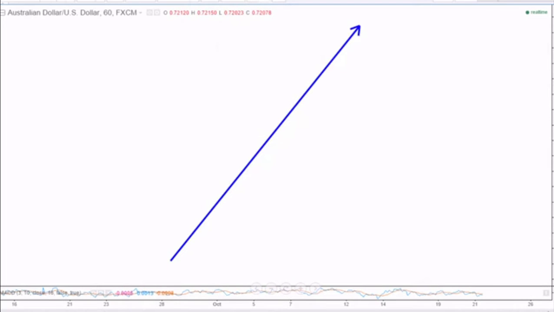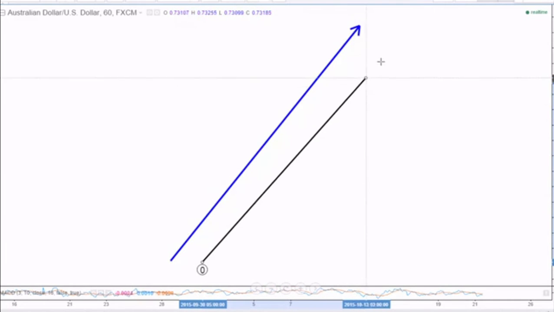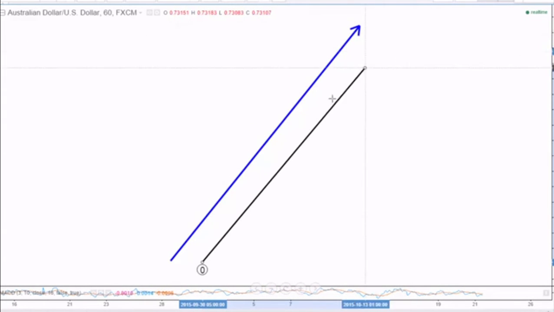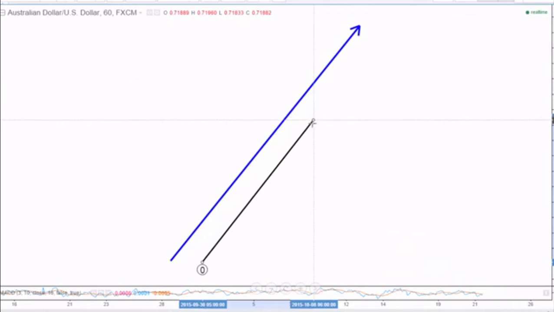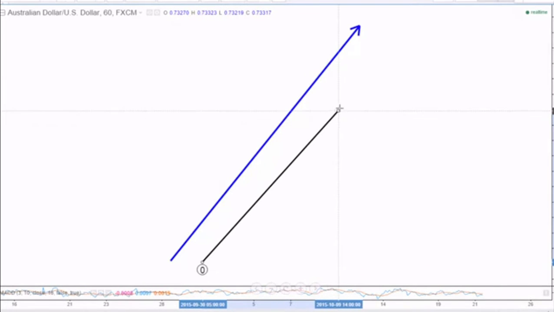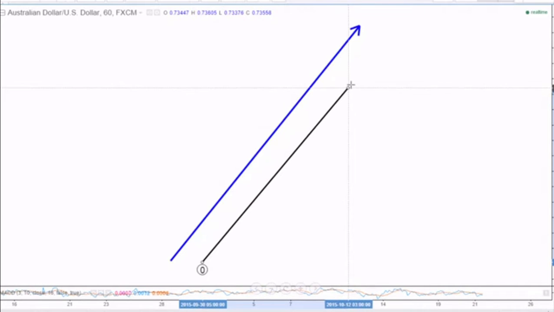So if we look at the primary trend being up, what we're going to do is do this. We're going to take this swing right here, just for purposes.